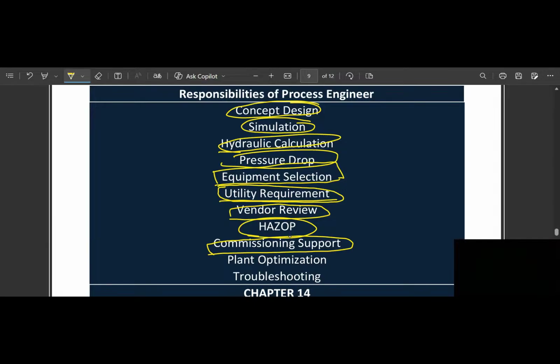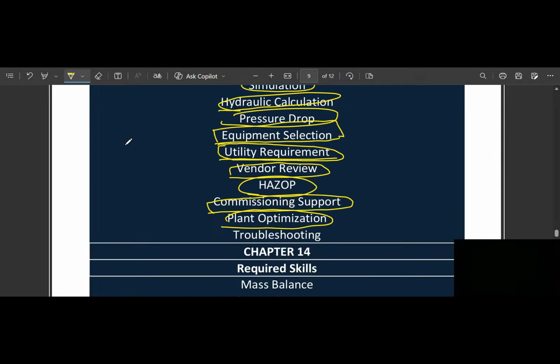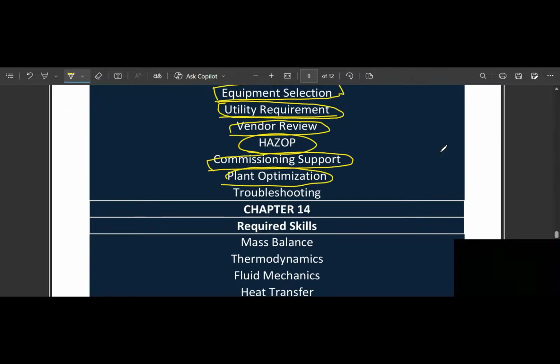Plant optimization means in a short period of time you should get the maximum yield, or with less consumption of energy your plant should run efficiently. Then troubleshooting.